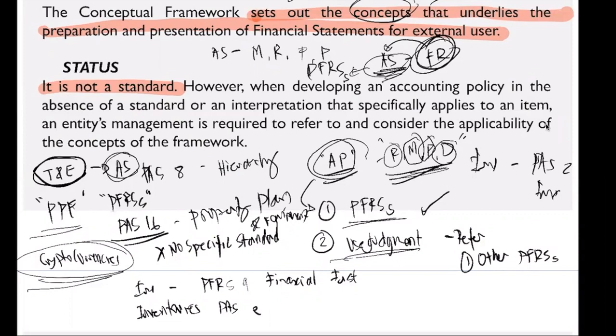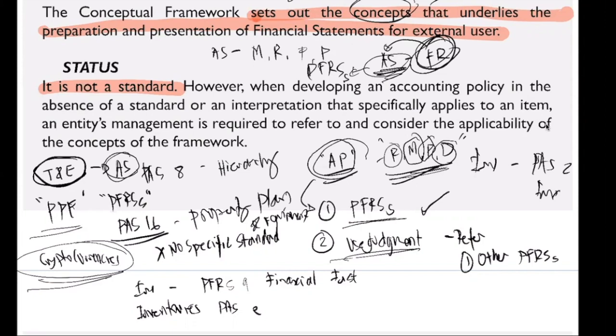Okay. So again, in our example, we have here PFRSs specifically applying to a particular transaction or event. So PPE, PAS 16, because PAS 16 covers property, plant, and equipment. Inventory, PAS 2, because PAS 2 applies for inventories. Now, in cryptocurrencies, there is no specific standard that applies to cryptocurrencies.